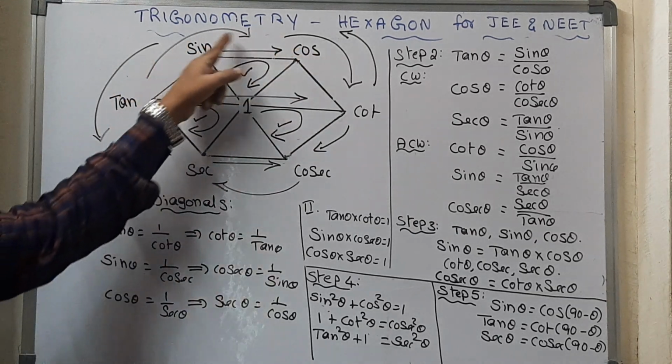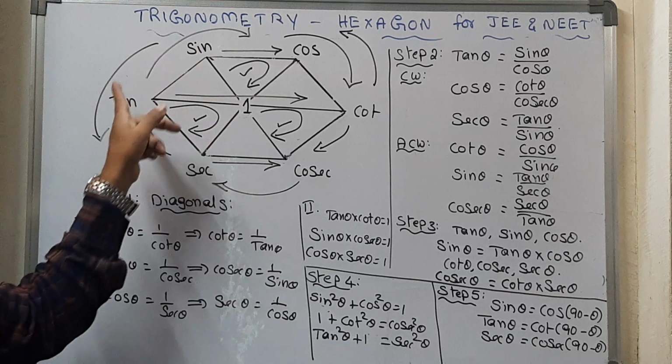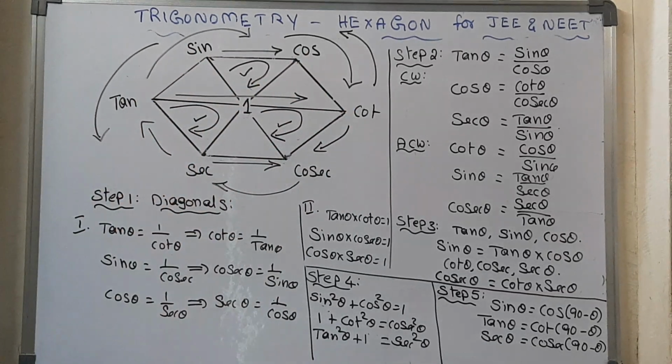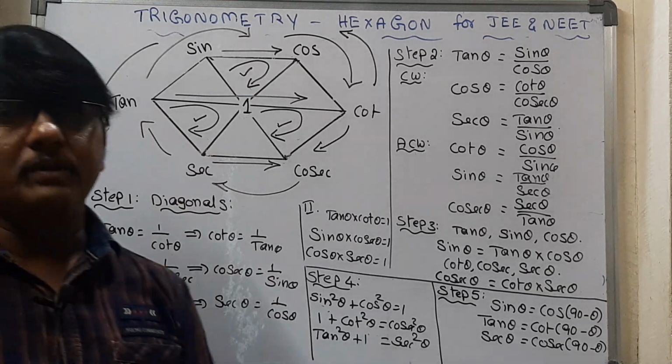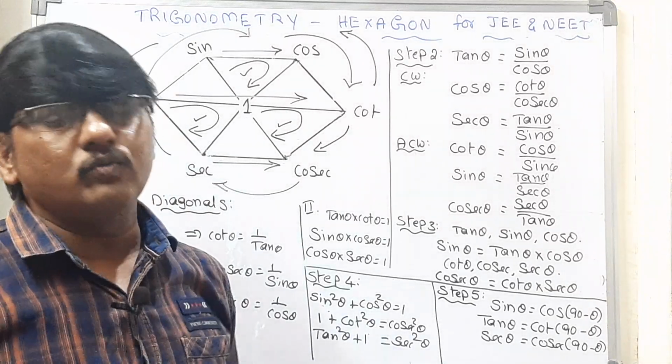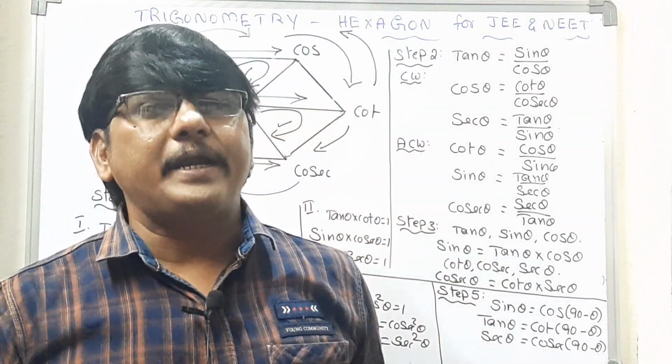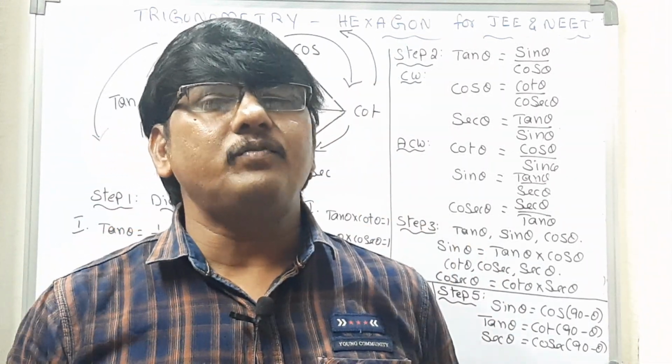Up to this part only you write starting with tan, and the remaining all are diagonally opposite values. Then you will get all these formulae without memory. No need of memorizing anything; it is a simple mathematical process, a matter of practice. If you practice it, you will get it very easily.